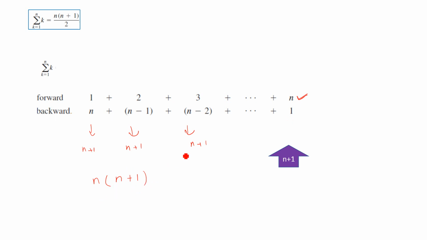So what will be the value of this sum if we add it 1 time? It will be half of this. So this is how this formula is proved. So this is equal to n into n plus 1 divided by 2. Similarly, you can prove the remaining two formulas as well.